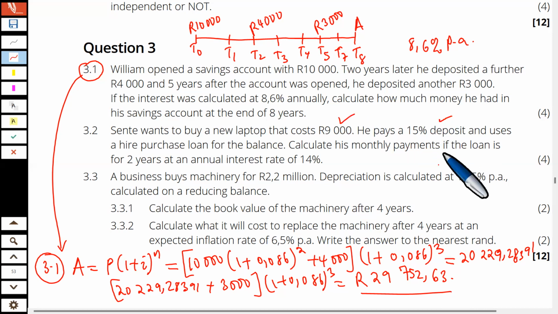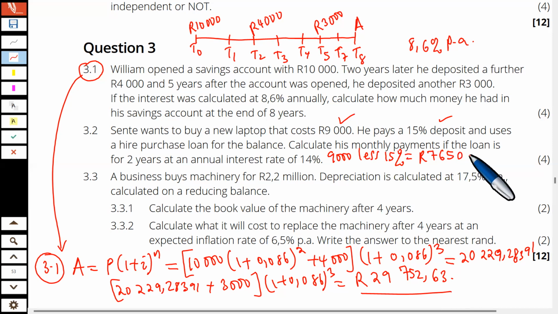He pays 15% deposit. Okay, so if Sente pays 15% deposit, we understand that there's going to be exactly 9,000 less 15%. What is the answer? 7,650.